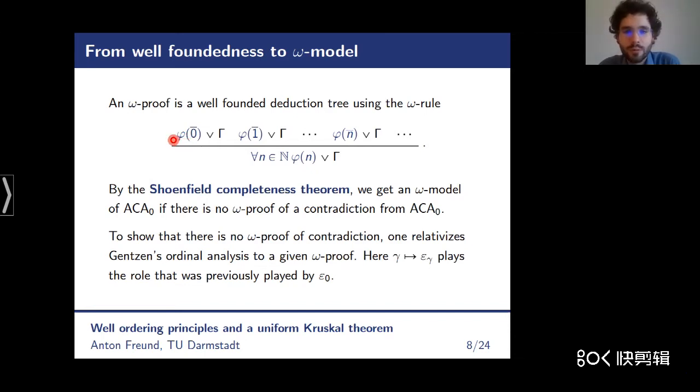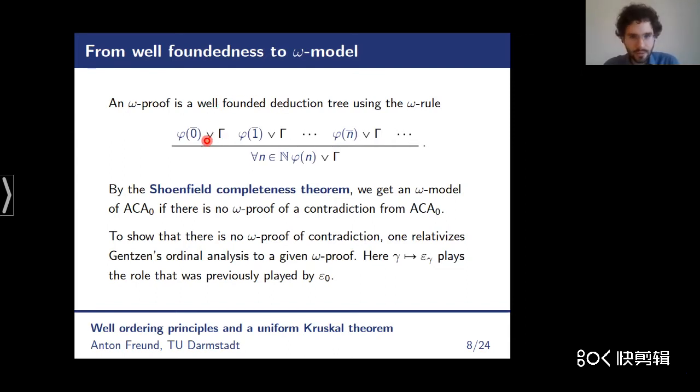So if you have derived phi of 0, and you have derived phi of 1, and you have derived phi of n for each n, then you can conclude that this universal statement holds here. So yeah, this is an infinite proof rule now. And of course, you cannot use these infinite proofs in practice because you couldn't write them down, but they're an interesting theoretical tool.